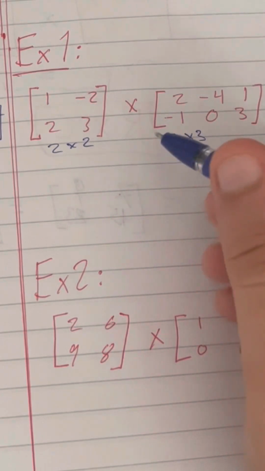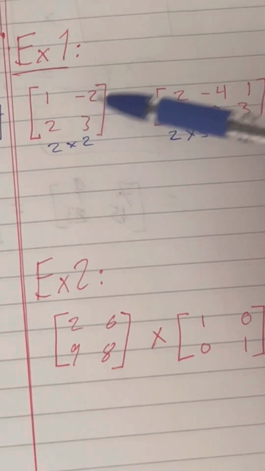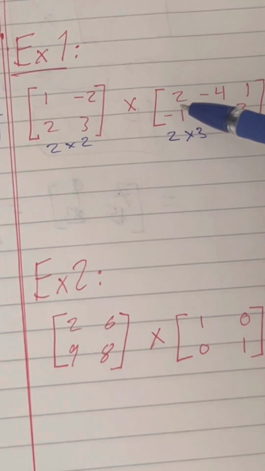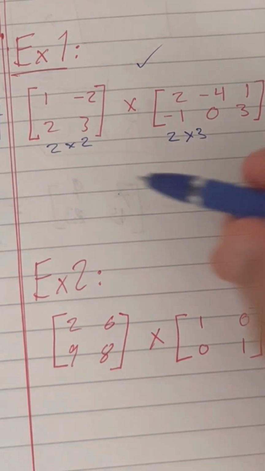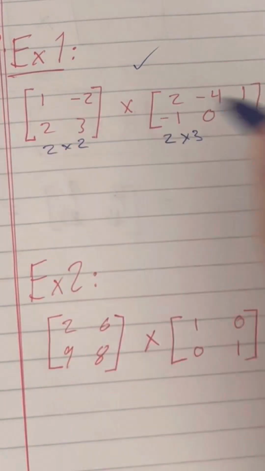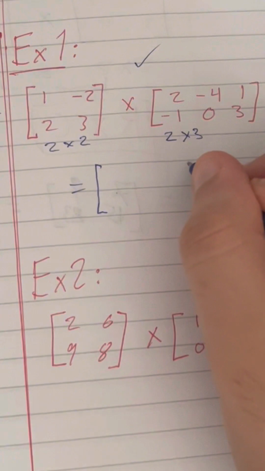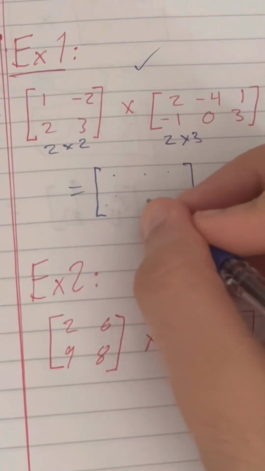Yes, they can, because as we said earlier, the number of columns in the first matrix is equal to the number of rows in the second matrix, so they can multiply. Now our answer is going to be a 2 by 3 matrix, because of the rows here and the columns here. So we're going to get a matrix that looks like this, with 1, 2, 3, 1, 2, 3.